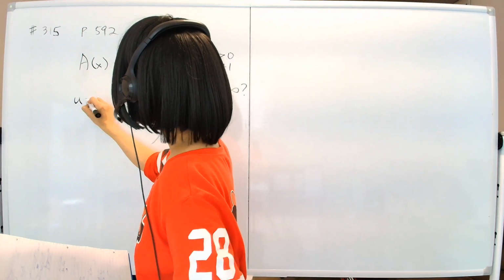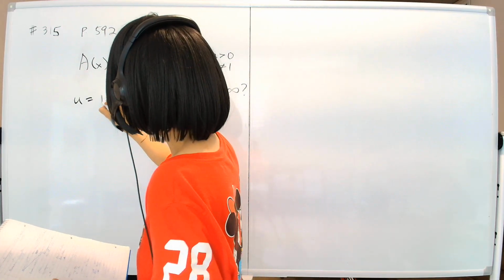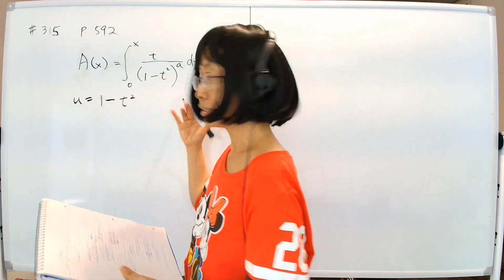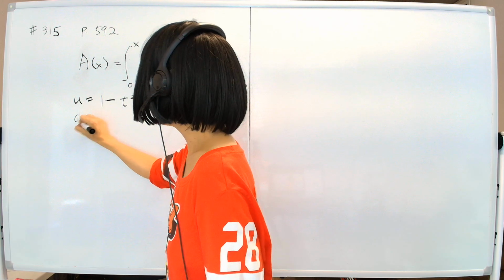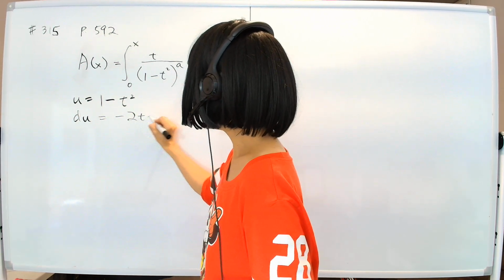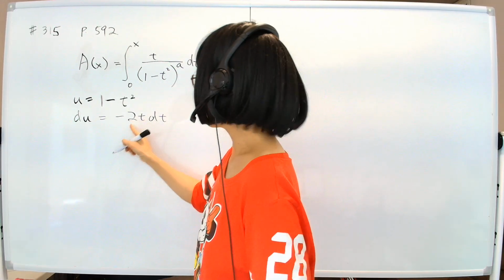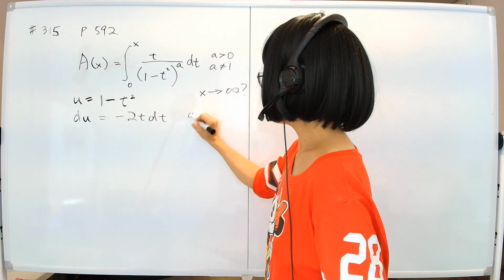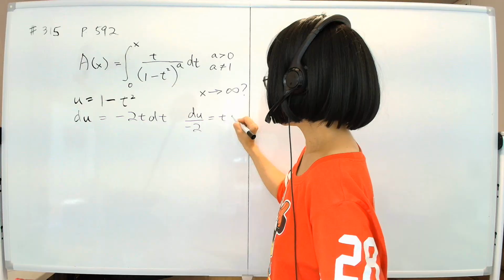Let u equal 1 minus t squared, that is what's on the bottom. Then we continue with our regular plan: du equals minus 2t dt. You see the t dt there, so we'll get rid of the 2, which means du divided by minus 2 is equal to t dt.